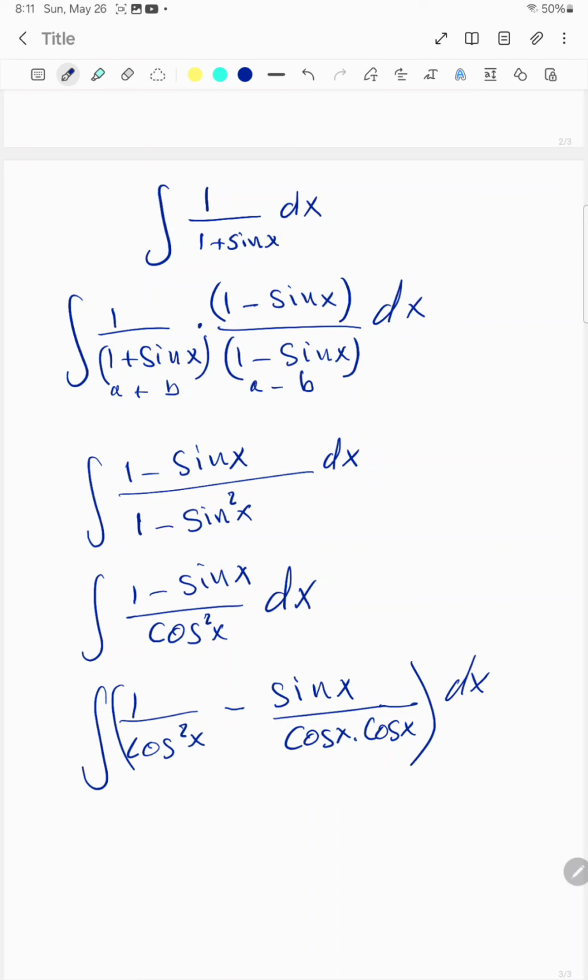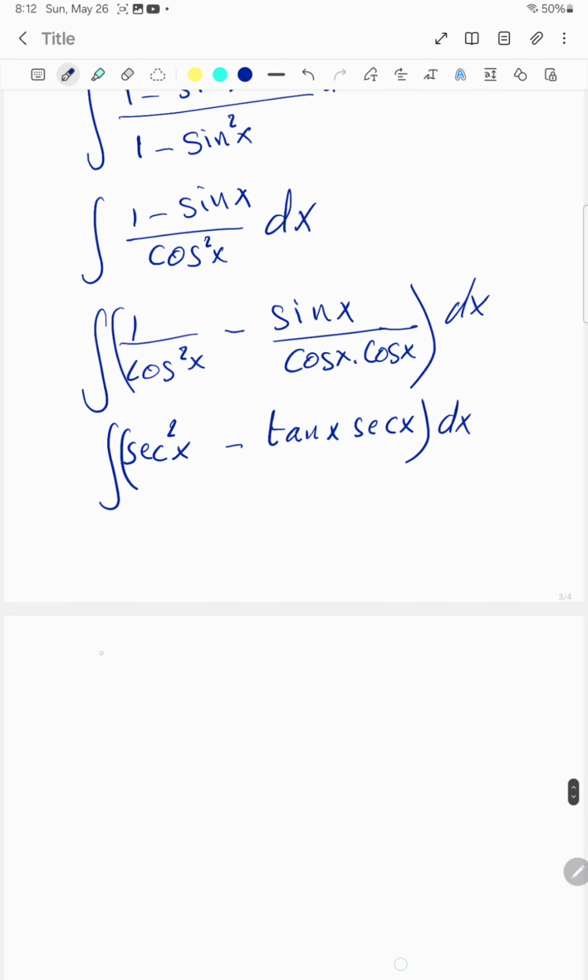And 1 divided by cosine square of x is sec square of x minus tan of x, and 1 divided by cosine is sec of x dx. Here I can divide it into two integrals: sec square of x dx minus tan of x sec of x dx, and it becomes like the previous one.